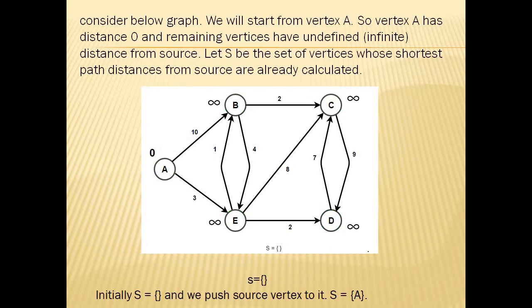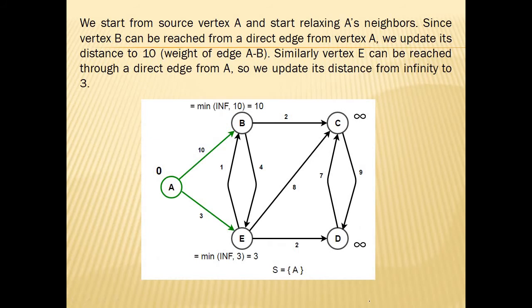Here we got one queue which is initialized; starting it was empty, but we visited this one, so that's why we kept S equal to A. Then we need to find out the adjacent vertices.